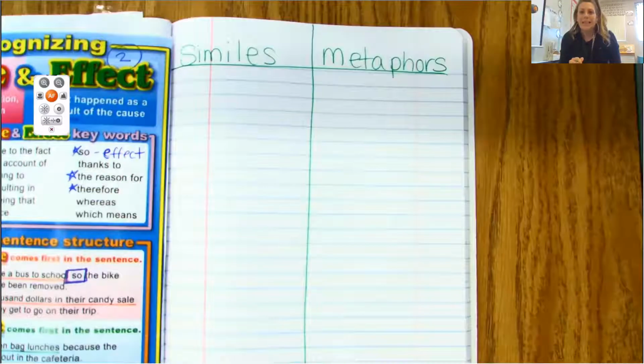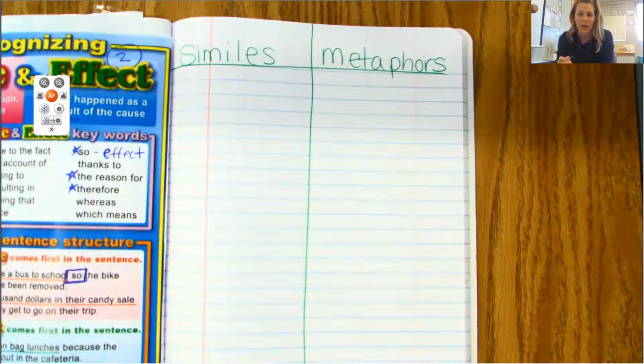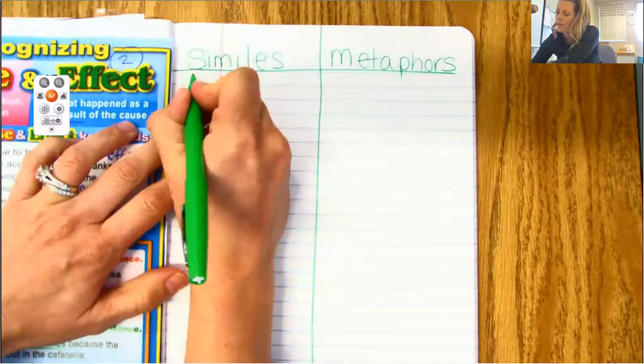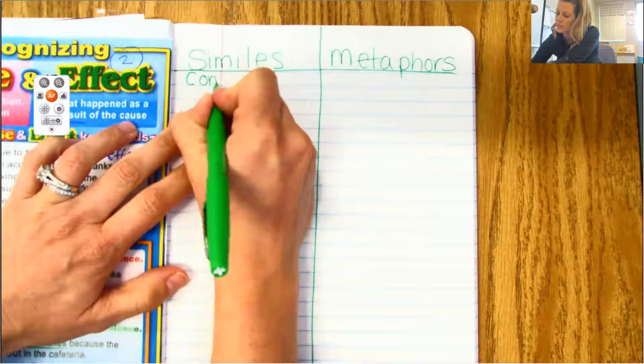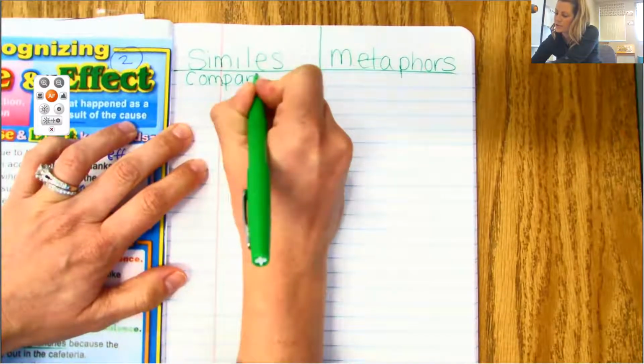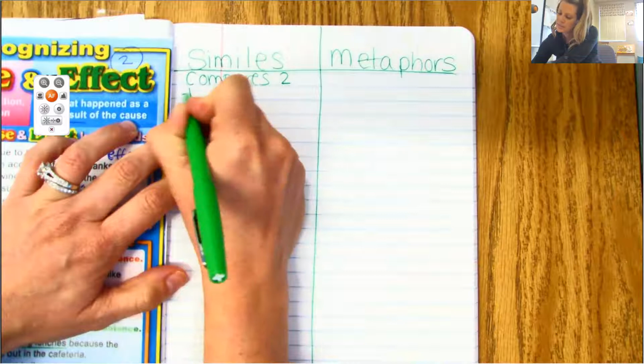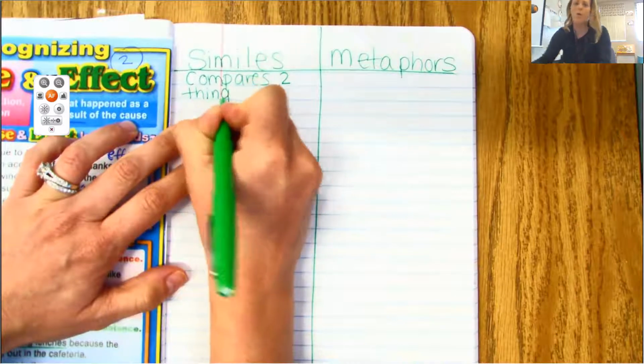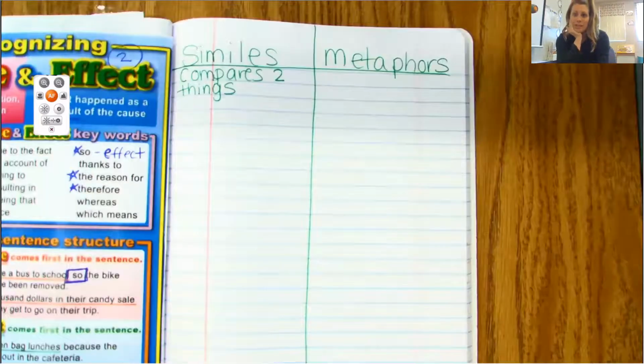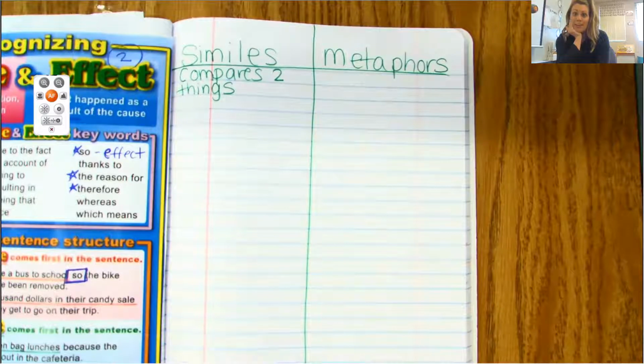So let's refresh our memory. What is a simile? What is the job of a simile? Okay, well, it compares two things, but what does it use? Do you remember?